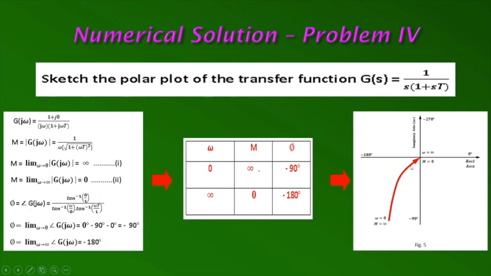Then this is the finishing point, because this axis is minus 180 degree and the magnitude is 0. So this polar plot moves from minus 90 degree to minus 180 degree and the magnitude decreases from infinity to 0. This is the final polar plot.